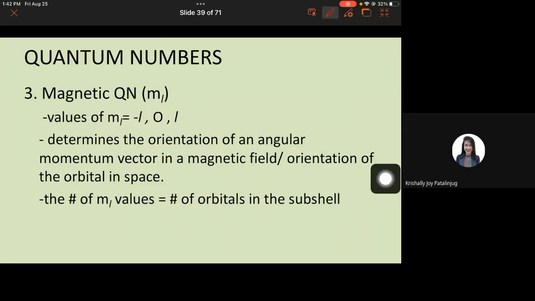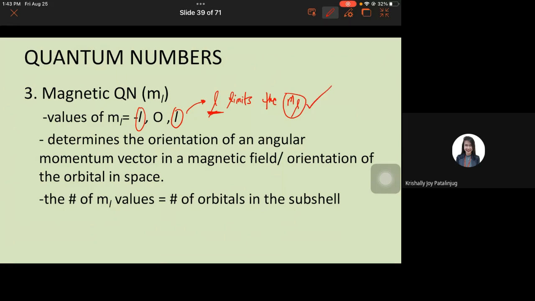Let's have the third quantum number, the magnetic quantum number, which is designated with M sub L. Please take note that the quantum number that dictates its value is the L. So the L value limits the M sub L. So you need the value of L. That's why you have to determine first, from the very beginning, the N value to get the L, and then you need the L value to determine the M sub L value.